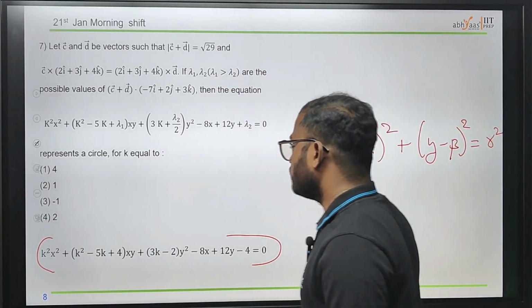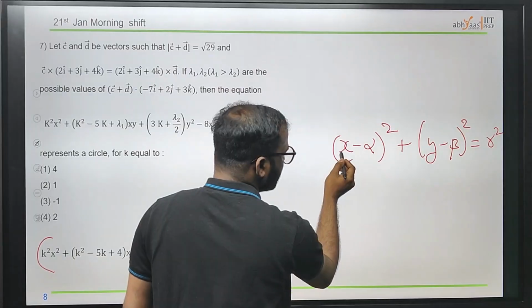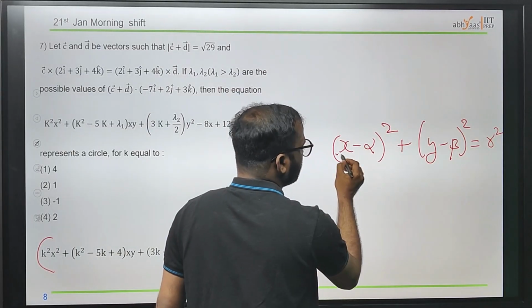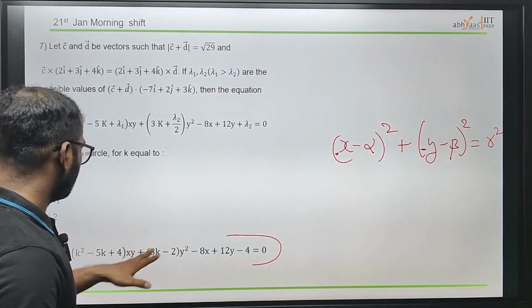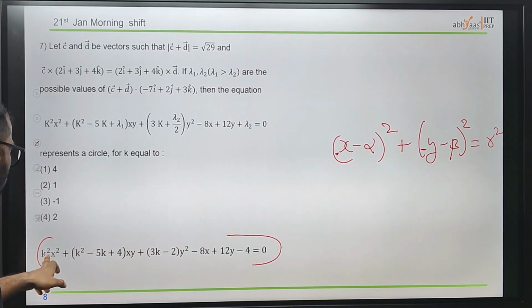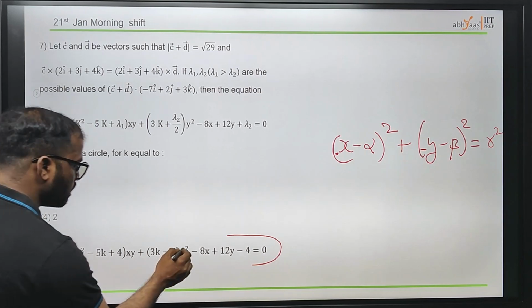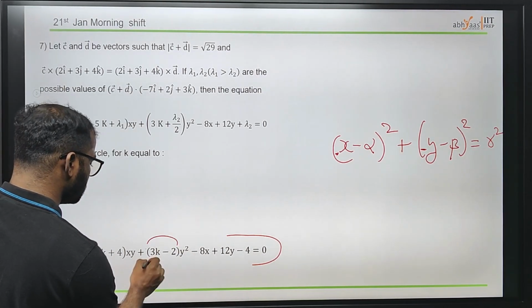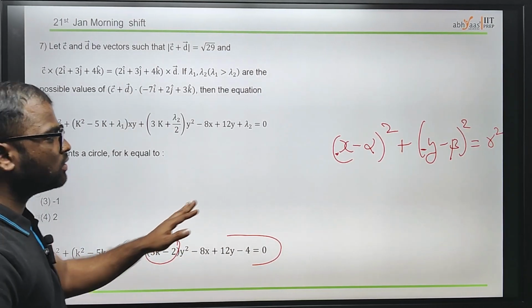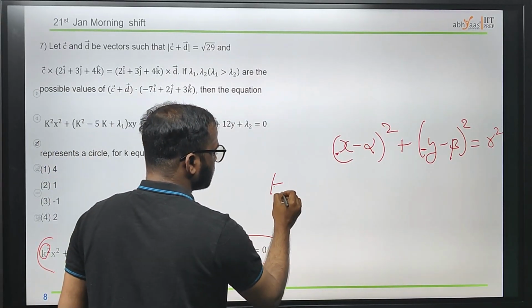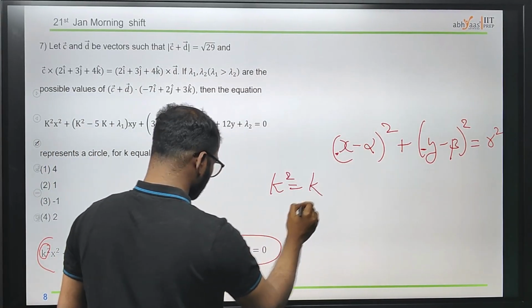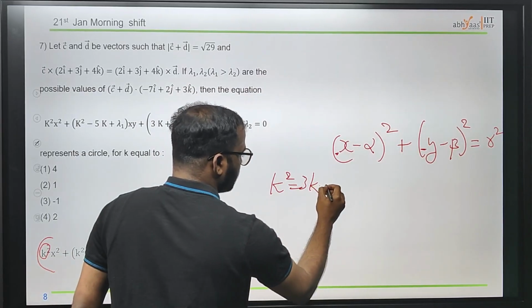Radius r square. Now we know here the x coefficient is 1 and here the y coefficient is 1. From this we know that in this equation the x square coefficient and y square coefficient must be 1. That is k square, and this y square coefficient is this one. Since both are 1, this coefficient will be equal, which is k square is equal to 3k minus 2.